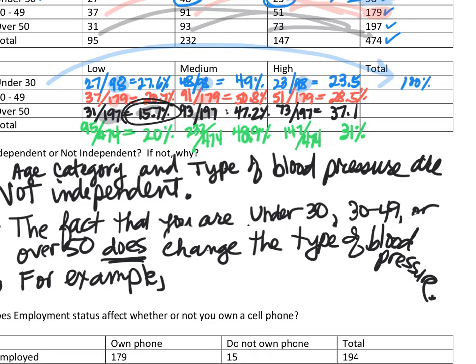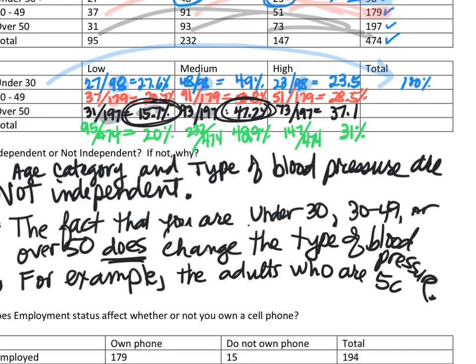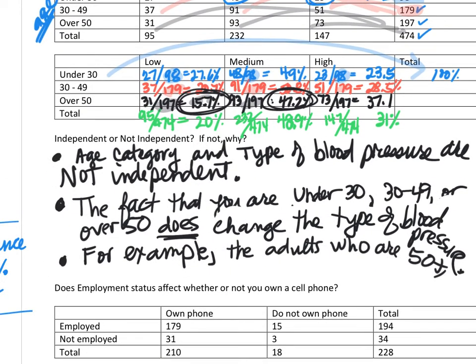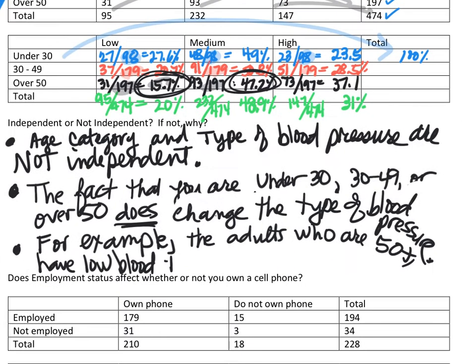I can see a big difference here. The adults who are 50 plus have low blood pressure the least out of all age categories.